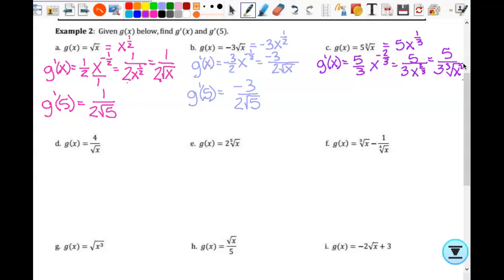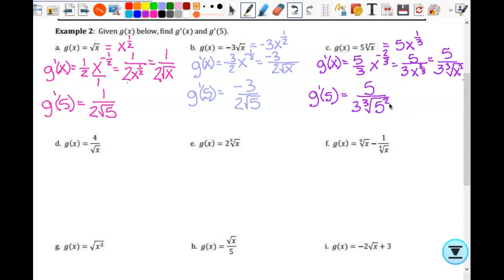All right. So then I want g prime of 5. 3 was on the other side. This is going to give me 5 over 3 times the cube root of 5 squared. Can I cancel out any 5s?